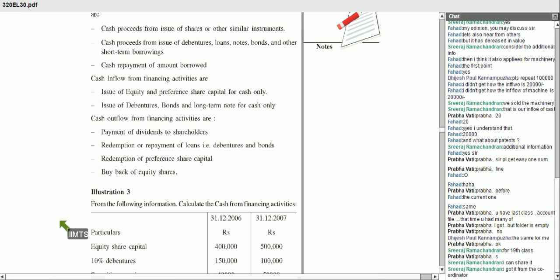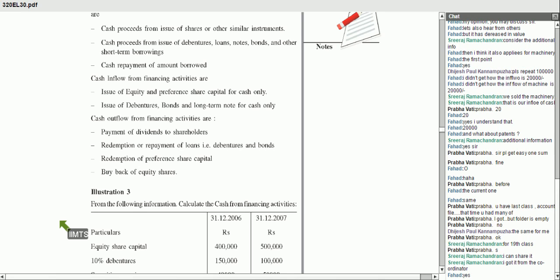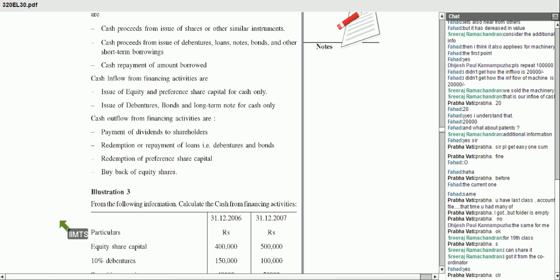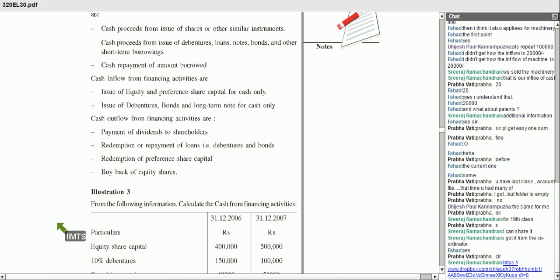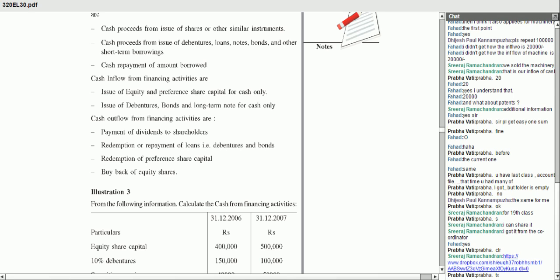Clear? Am I clear to all of you? Okay. See, Shriraj shared the link as well. Great. So you can go through this link after the class.